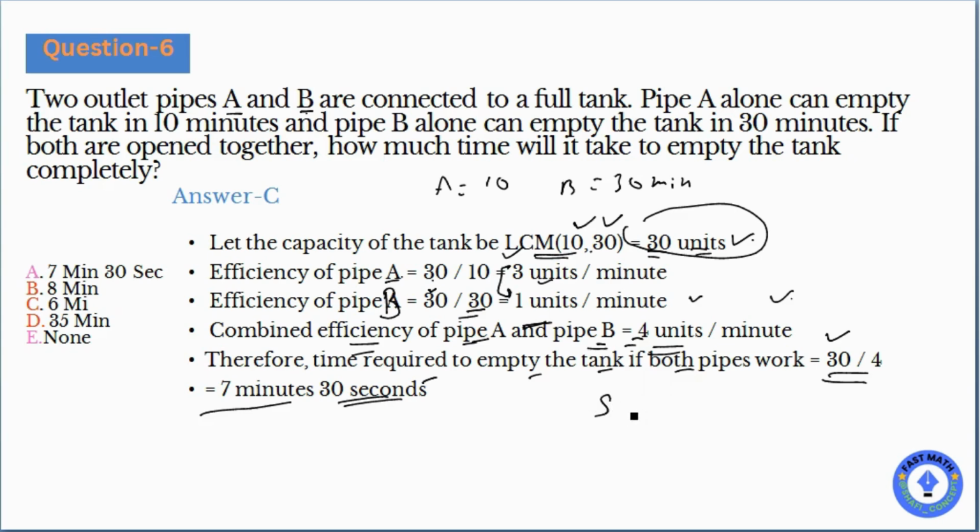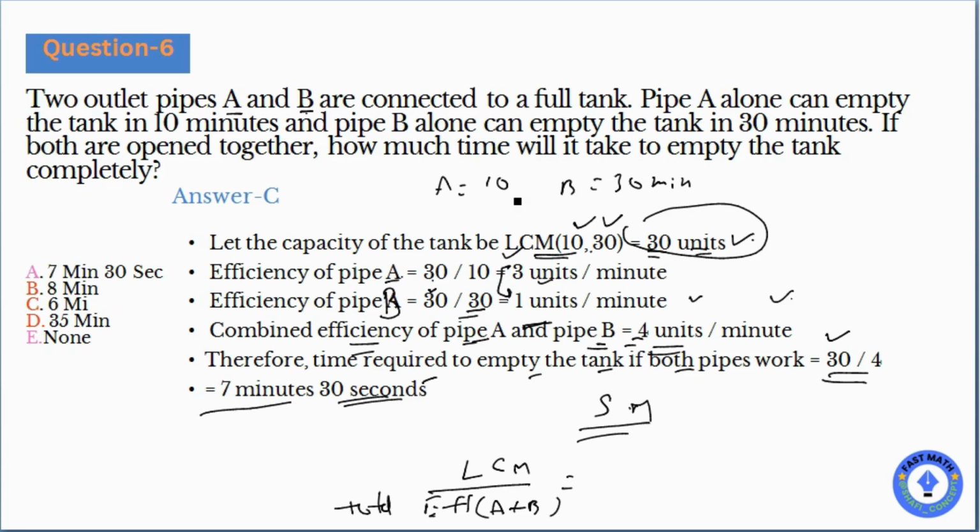Let's move to the shortest way of doing this problem. LCM divided by the total efficiencies of A plus B. This is the formula.